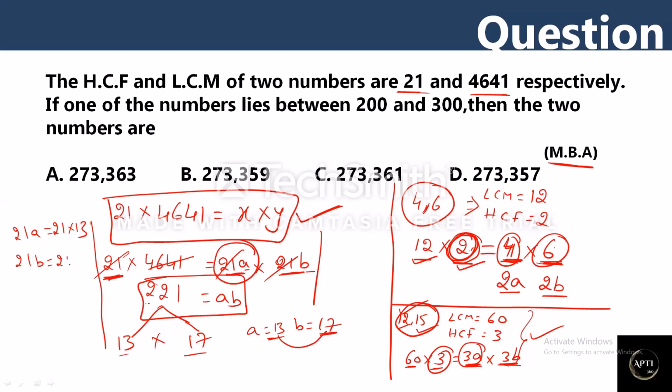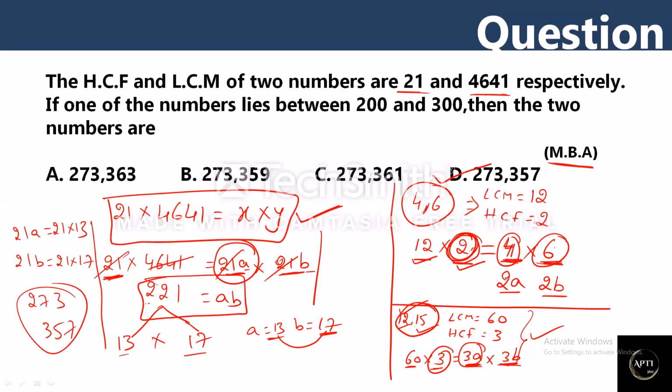The next number is 21 into 17. 21 into 13 is 273, and 21 into 17 is 357. So these are the two numbers, 273 and 357. You can check with the options which option is correct. Option D. This is the normal procedure.